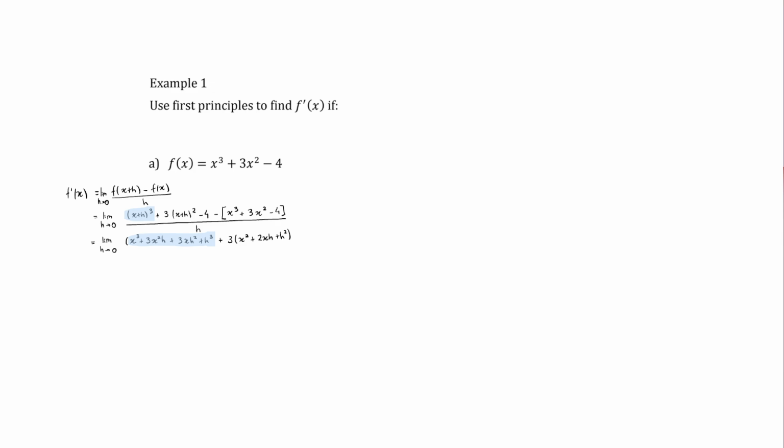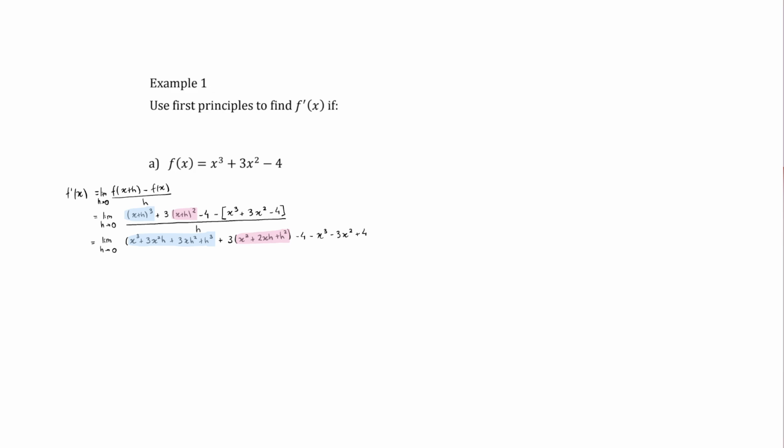So now that is going to be the expansion of the middle term there, right? And then minus 4, and of course all of this minus x cubed minus 3x squared and plus 4.